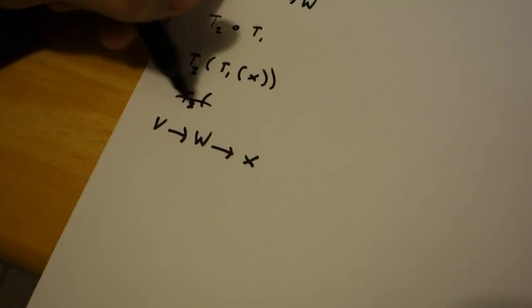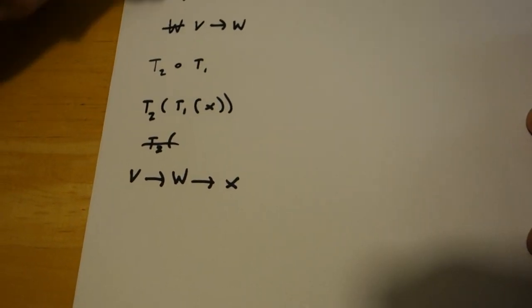So right now you've mapped a vector in set V to a vector in set W and then to X, and so far T3 has been excluded because we did parentheses first.